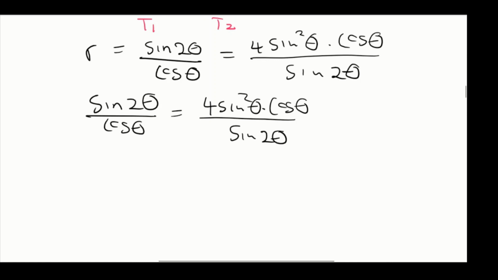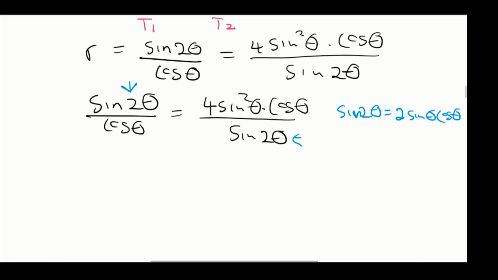What you need to note here is your double angles. Sine of 2 theta, if you remember your trick, is equal to 2 sine theta cos theta, and the same applies to this one here. So you're going to replace it.